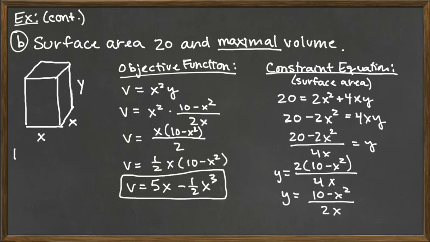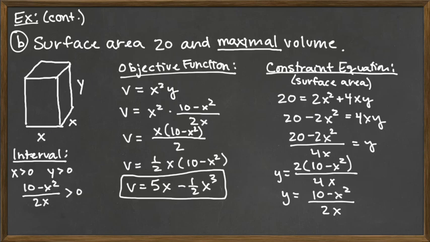So let's write the interval over here. The interval we again get partly from the constraint equation and partly from the setup. Our setup was that x is bigger than 0 and y is bigger than 0 to begin with, because those are each side lengths for this box. And so this y bigger than 0, we know what y is. That's what that really is telling us, that 10 minus x squared over 2x is bigger than 0.